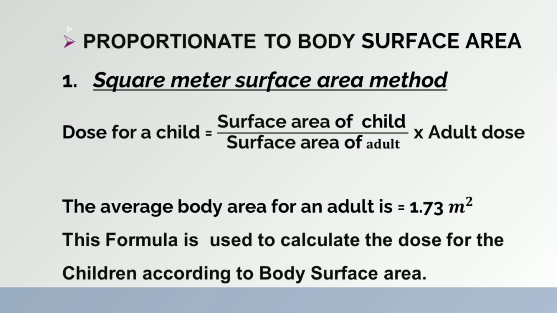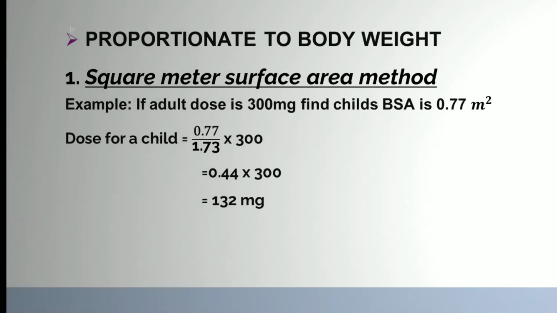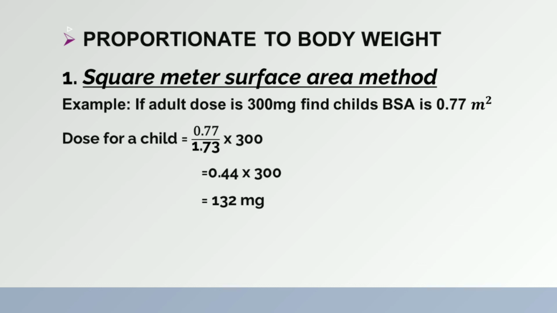To understand it more clearly, let's move towards the example. If the adult dose is 300 mg, find the child's dose if his body surface area is 0.77 meter square. Here the adult dose is 300 mg and the child's body surface area is 0.77 meter square, right?